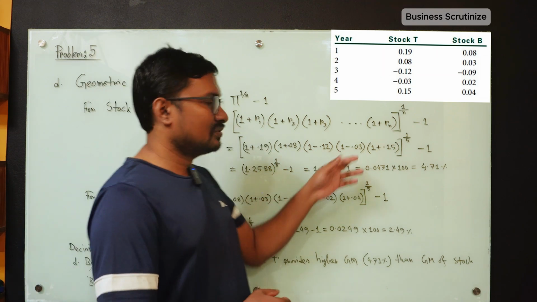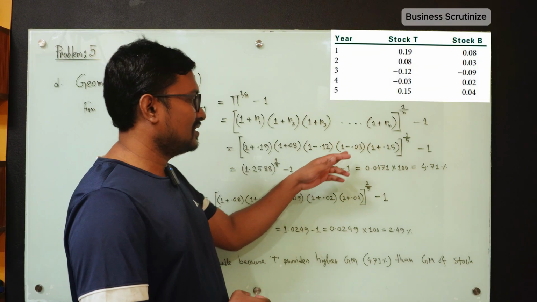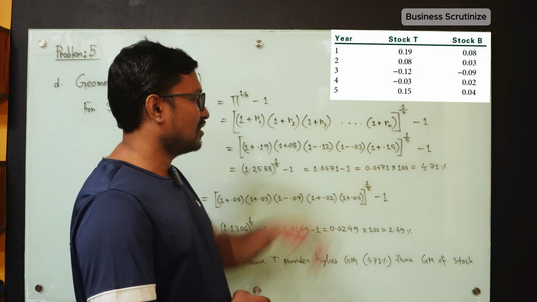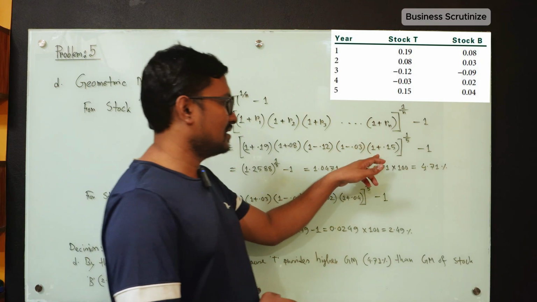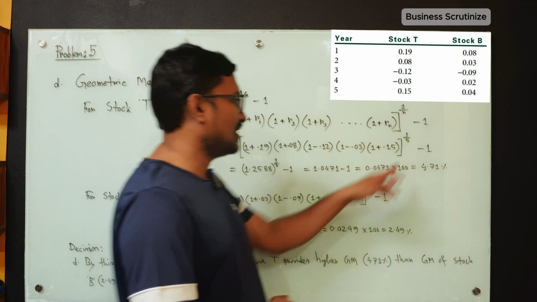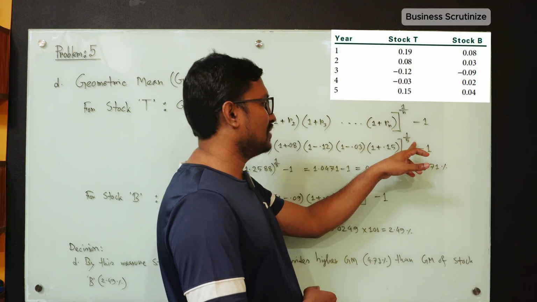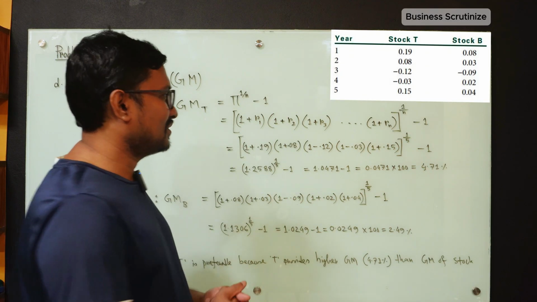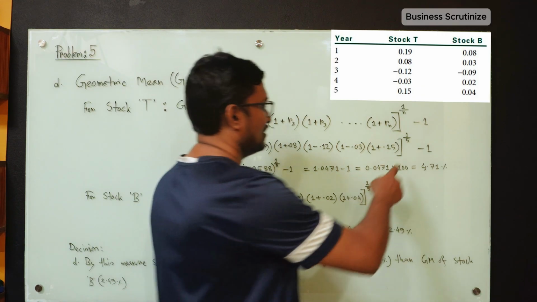Next year we also have a negative return, 0.03, so we write 1 minus 0.03, and last year it is 1 plus 0.15. We write this to the power 1 divided by 5, since the total number of returns is 5.